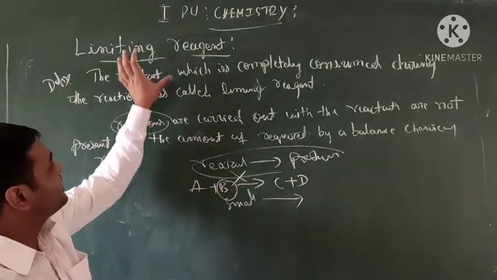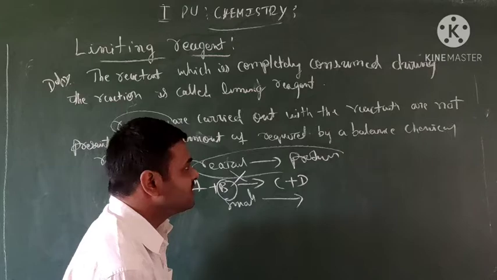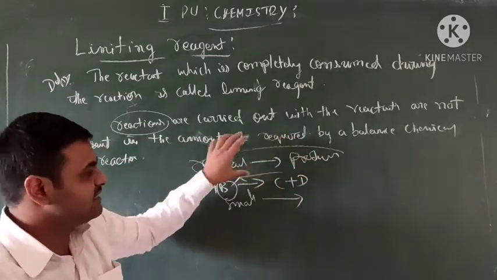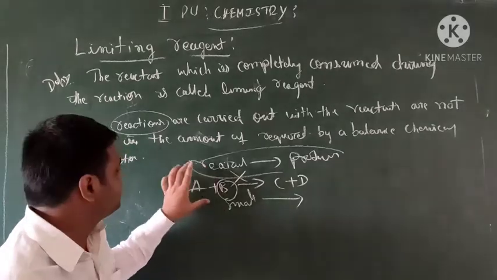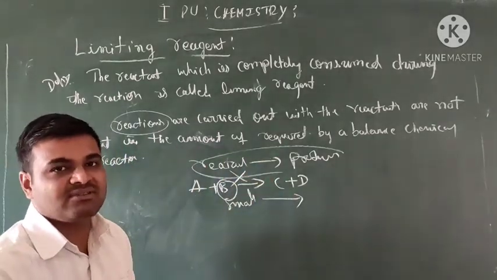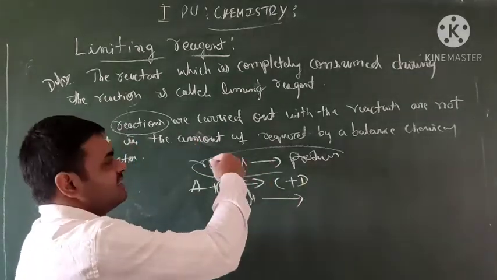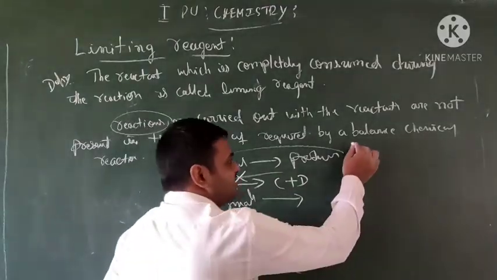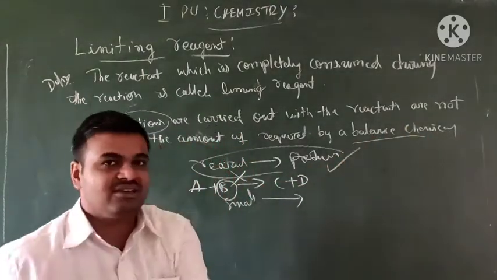This is called limiting reagent. The reactant is not present in the required amount, but the reaction is carried out according to the balanced chemical equation.